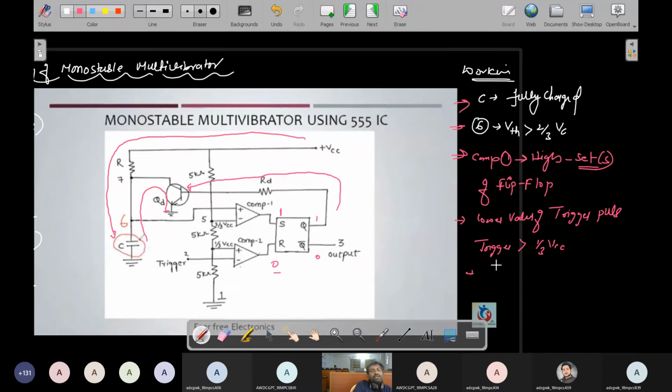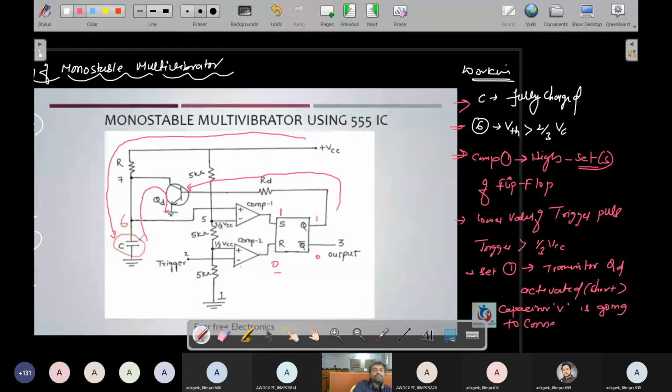So in this condition, if set is 1, that means transistor QD is activated. Once the transistor is activated, it is a short circuit. When it is a short circuit, the capacitor voltage is connected to ground.